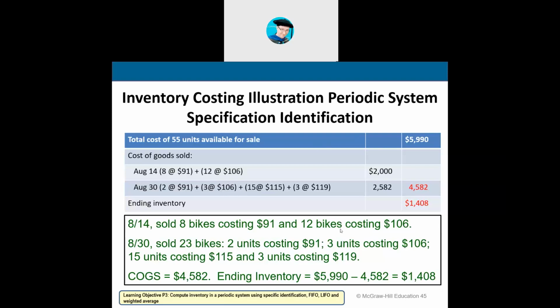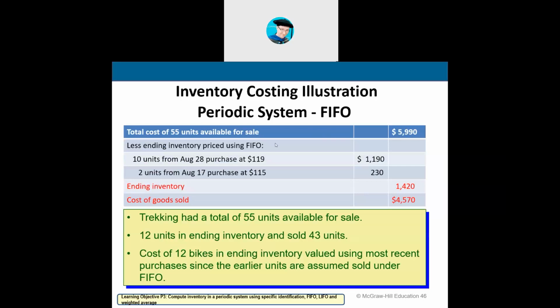And this follows the same exact process. Using the first in, first out method, we had 10 mountain bikes, August 28th, 119, 2 August 17, 115, beginning available for sale, minus our ending inventory equals cost of goods sold.